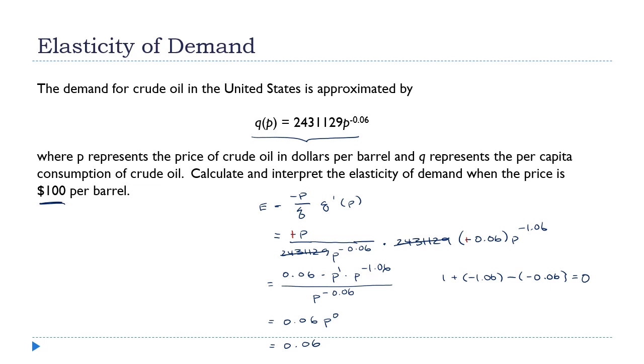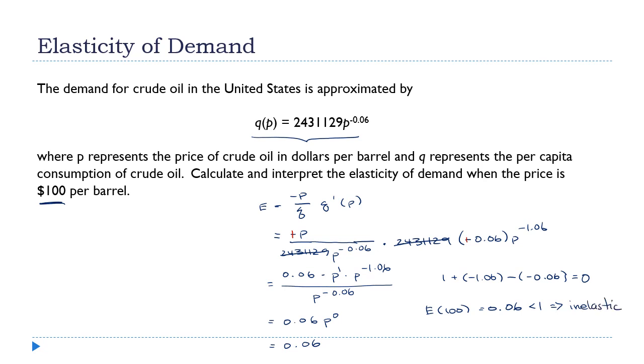And what is the elasticity when P is 100? Well, it's 0.06, because it's a constant. So what does that mean? Well, this is less than 1. That means this is inelastic.